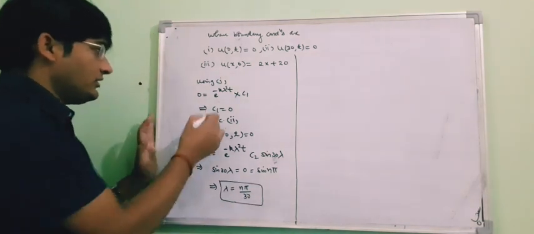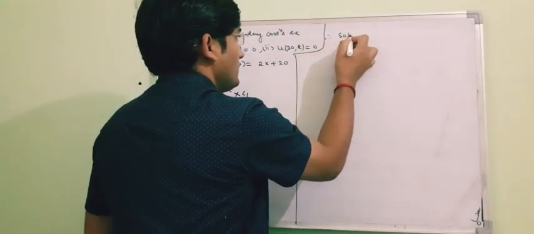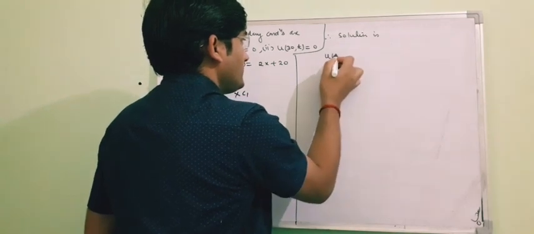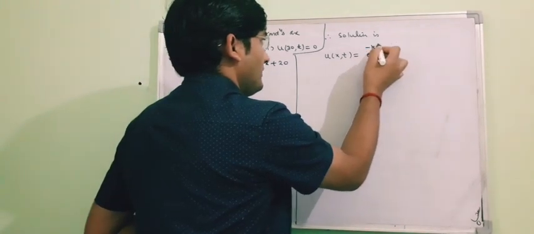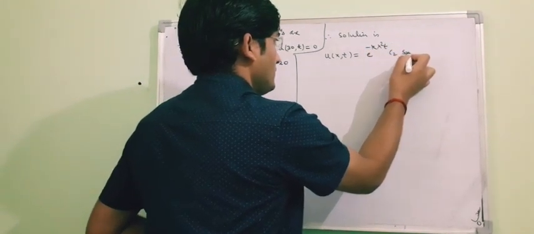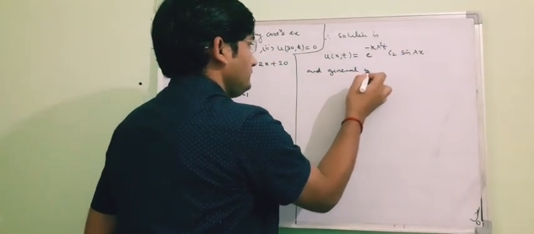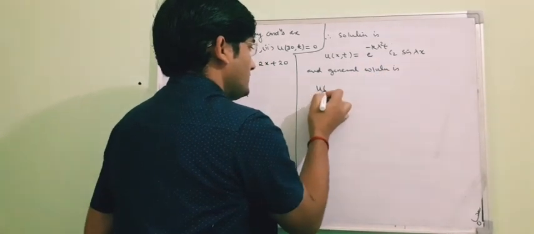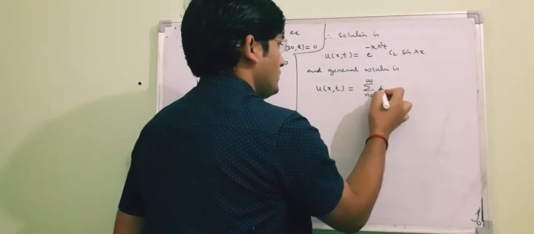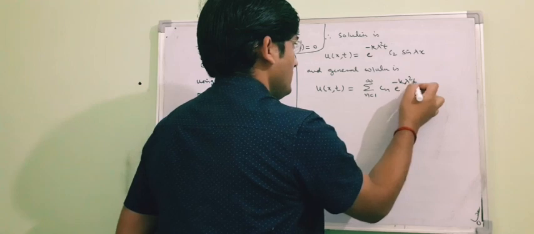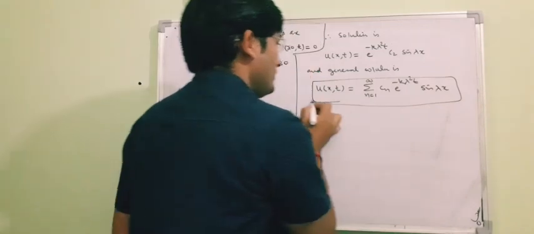Now we have the value of C1 and lambda. So your solution is u(x,t) equal to e to the power minus k lambda square t into C2 sin lambda x, and the general solution will be u(x,t) equal to summation n equal to 1 to infinity Cn e to the power minus k lambda square t into sin lambda x, where lambda is n pi upon 30.